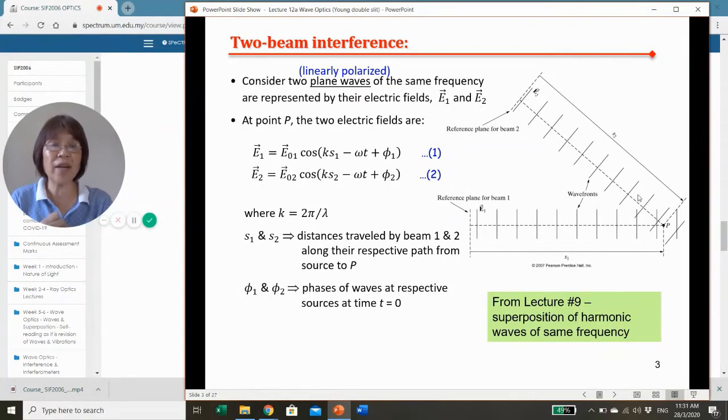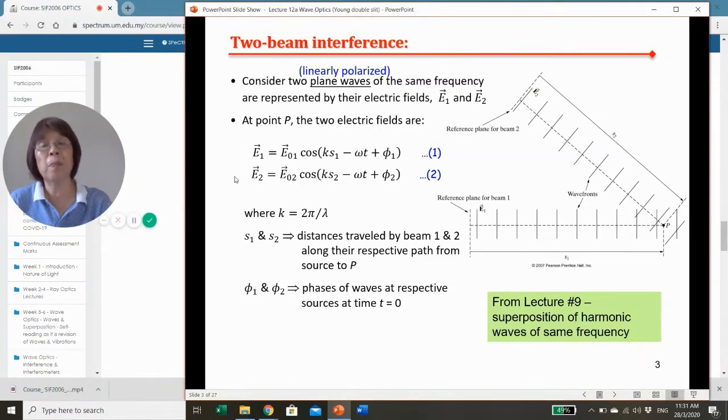We can write the electric field for each wave at point P. The first one is E01, the amplitude, taking the real part, described by cosine of (k s1 minus omega t plus the initial phase).